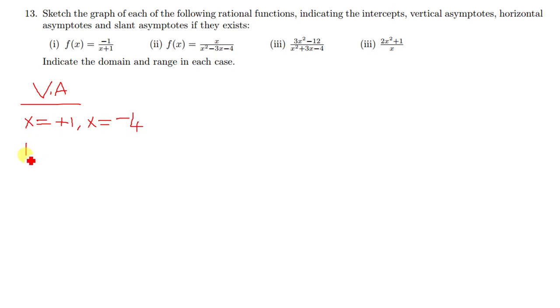And then to find the horizontal asymptote, since the denominator's power and the numerator's power are equal, the horizontal asymptote will just be equal to 3 over 1. You get the coefficients of the leading terms. So the horizontal asymptote is just going to be y is equal to 3. And then we try to find the x-intercepts. We know that on the x-axis the value of y is equal to 0, so we equate this to 0.